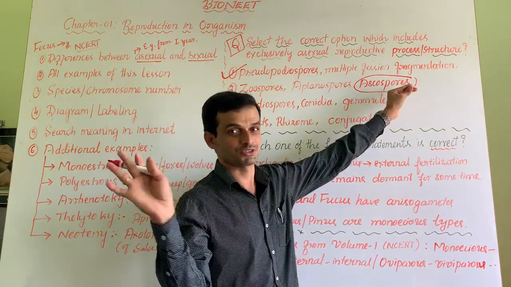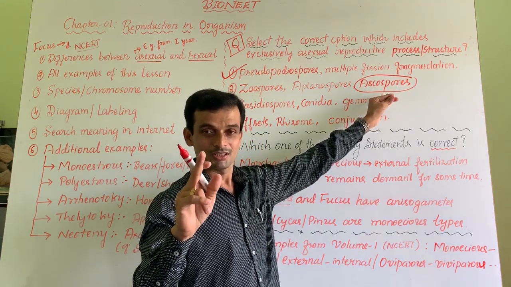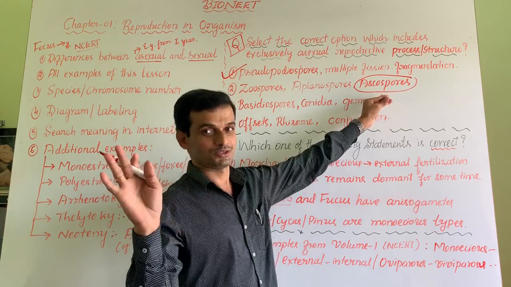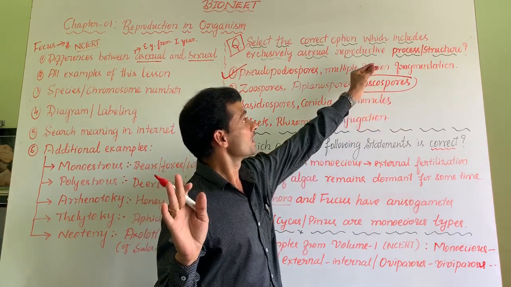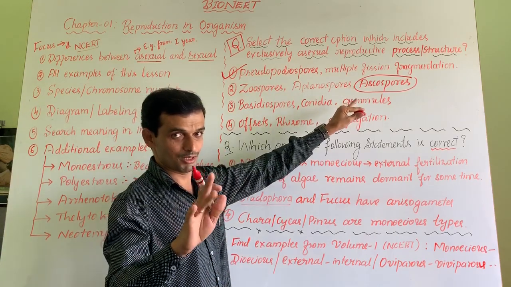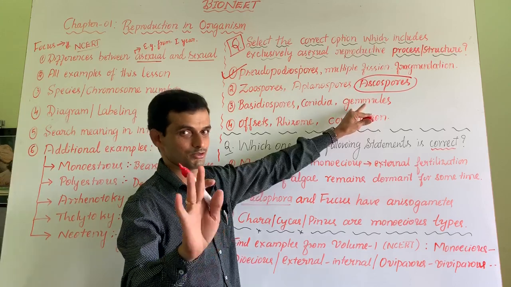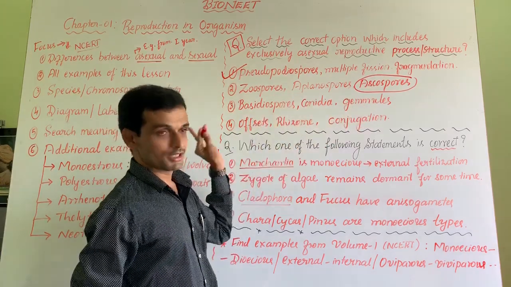They are not clones. They are derived from one zygote, but they are not clones. Therefore, they are sexual spores. They are not asexual spores. Wherever you say meiosis, it can't be asexual. It is sexual. We will eliminate that.